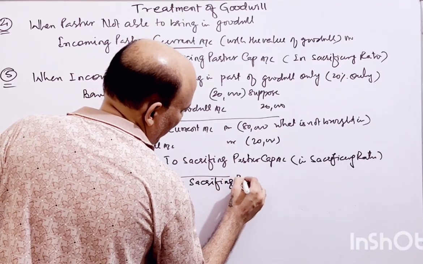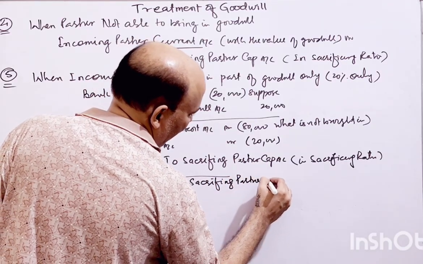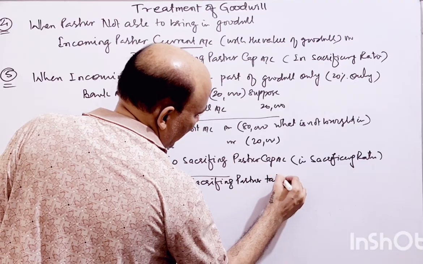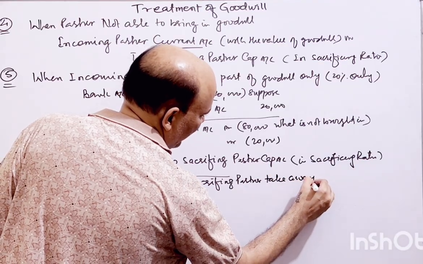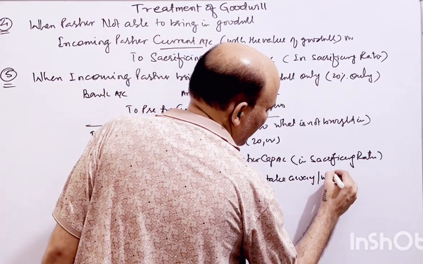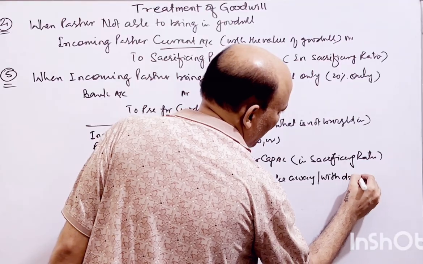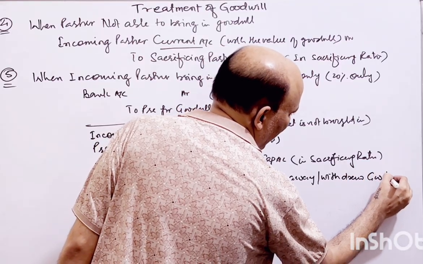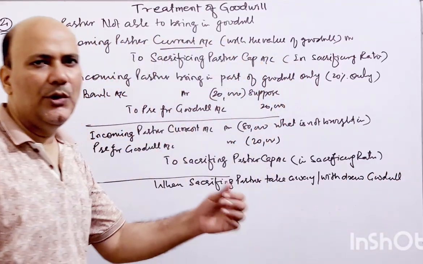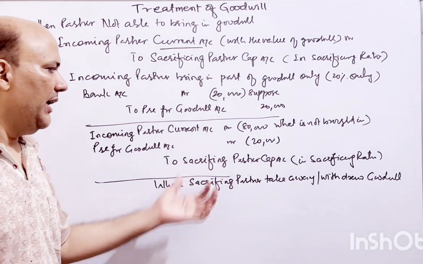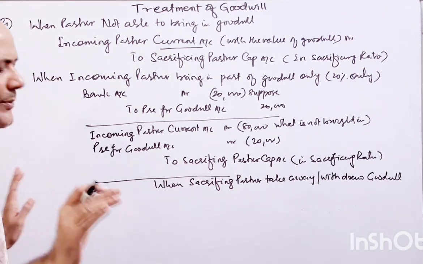Then we will have another entry when the sacrificing partners take away or withdraw goodwill, right? They have every right to withdraw the money which has been given by the incoming partner. So that is very simple.